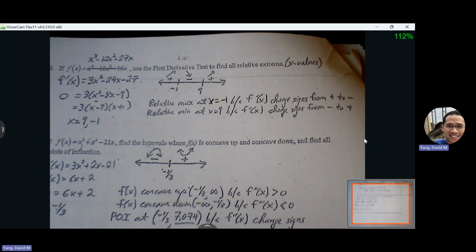If I want to find an ordered pair, once you get your x value for the POI, what would you do with that? How do you look for an ordered pair if you have the x value? Original, yeah. So for number 7, you do want to plug that x value into the original function to get your decimal y value.